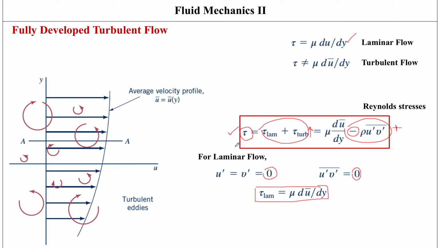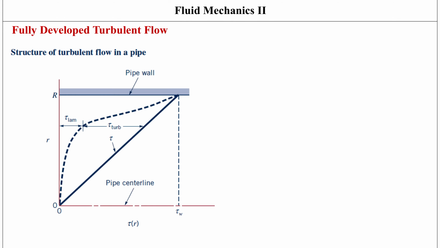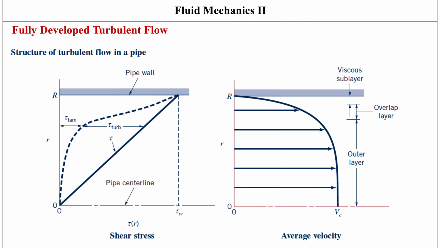Now the relative magnitude of this laminar shear stress and this turbulent shear stress is a complex function, and it is dependent on the specific kind of flow that would be involved. But we have a structure that can give us a lot of accurate information if we look at the shear stress and the average velocity profile for a turbulent flow.